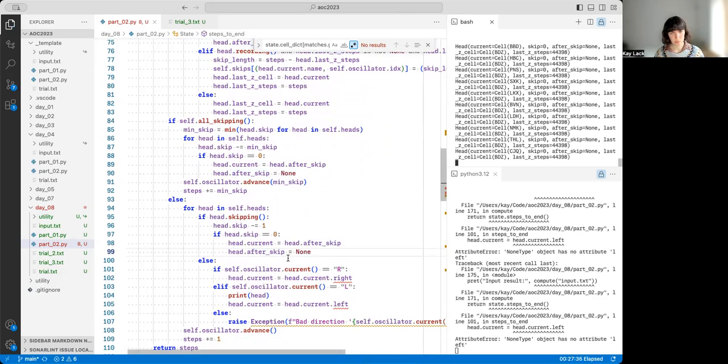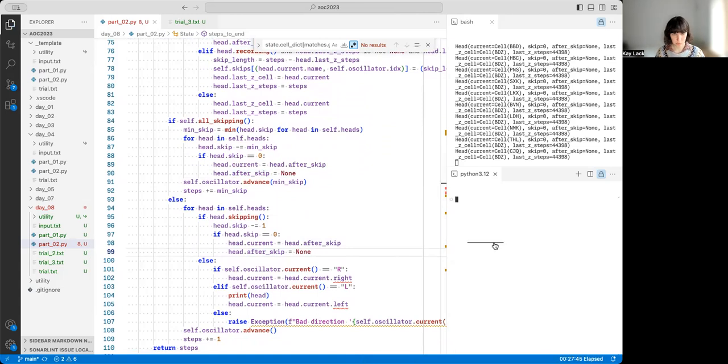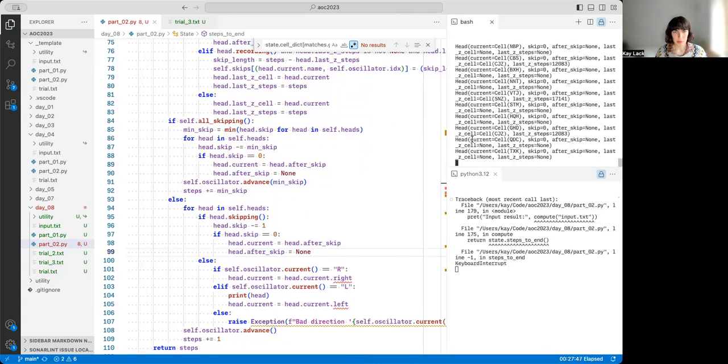Now it's looping forever. Where's it hanging?